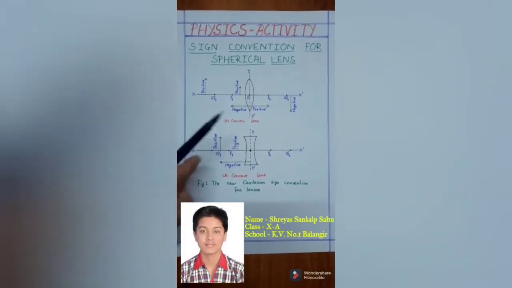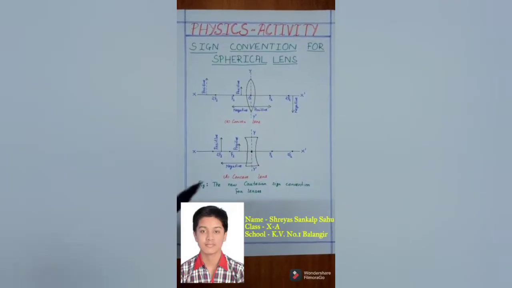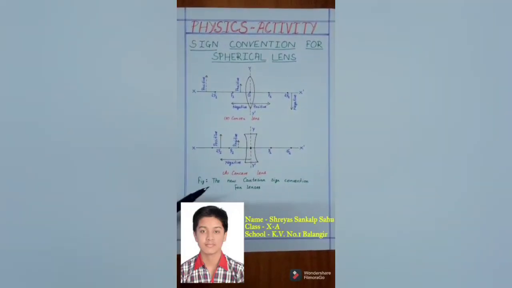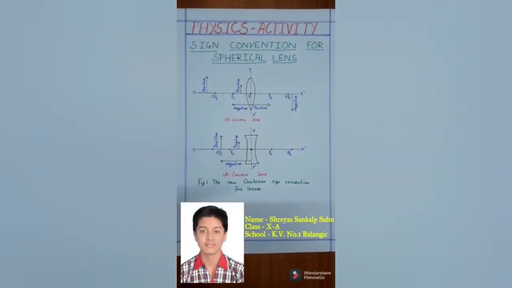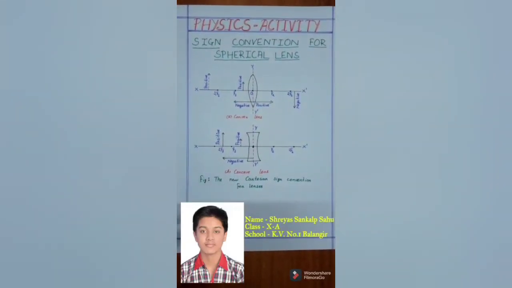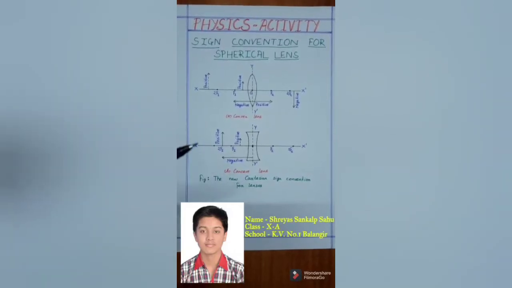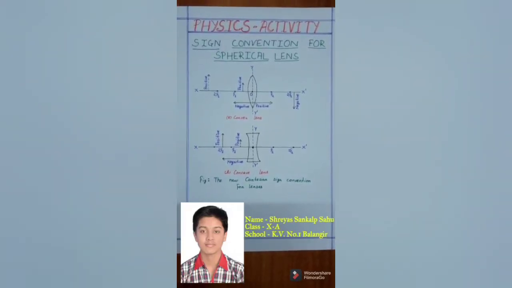According to the new Cartesian sign convention, all the distances are measured from the optical center of the lens. The distances measured in the same direction as that of incident light are taken as positive.